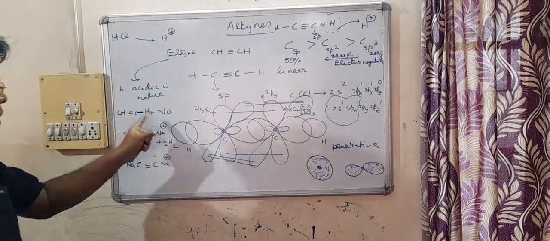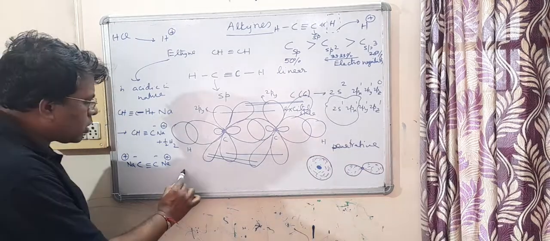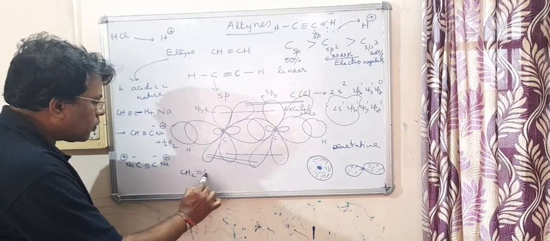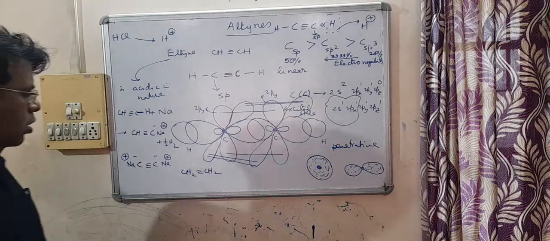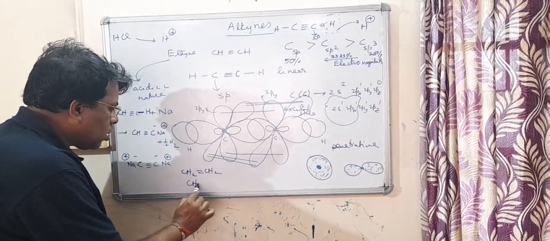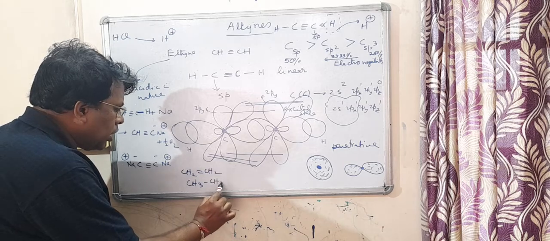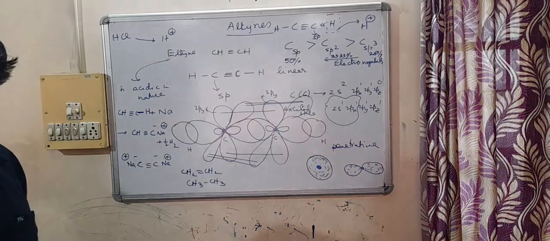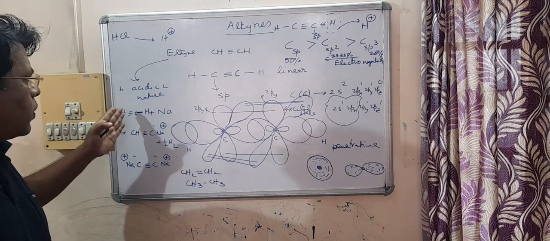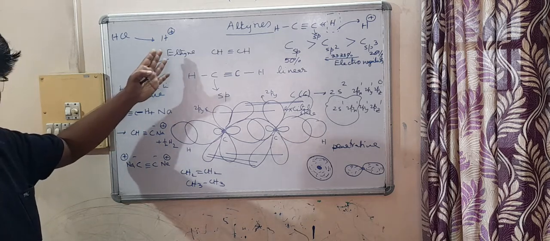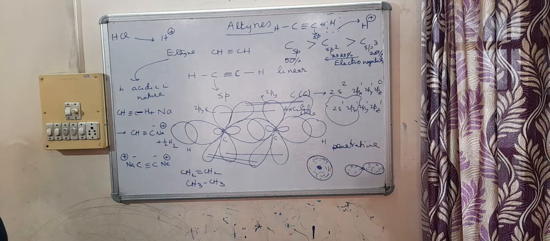Now this reaction with sodium doesn't happen with ethene. It doesn't happen with ethane, because these hydrogens are not acidic in nature. The hydrogen of ethyne or alkyne is acidic in nature.